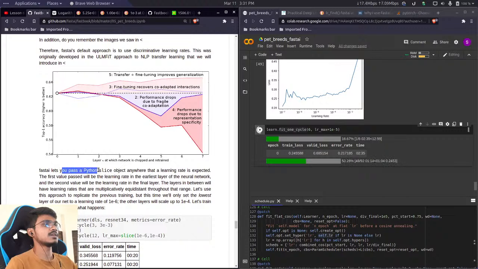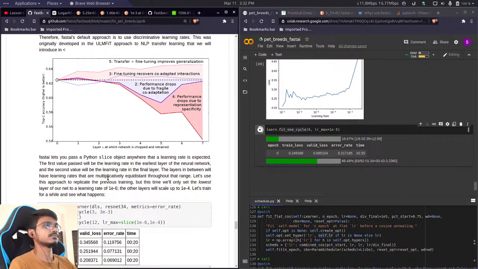fastai lets you pass a Python slice object anywhere that a learning rate is expected. The first value passed will be the learning rate in the earliest layers of the neural network, meaning the pre-trained layers, and the second value will be the learning rate in the final layer.